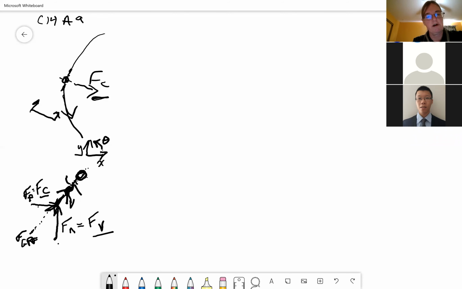So if I was to redraw that same person as much as I can, same angle, the forces are still going to be the same. They're still going to have the weight force, and they're still going to have this same ground reaction force. It's going to be the same.